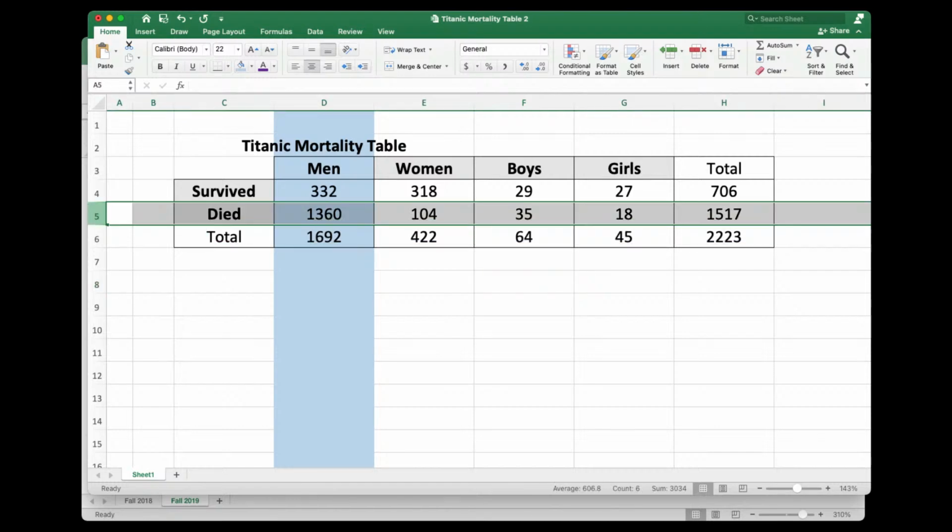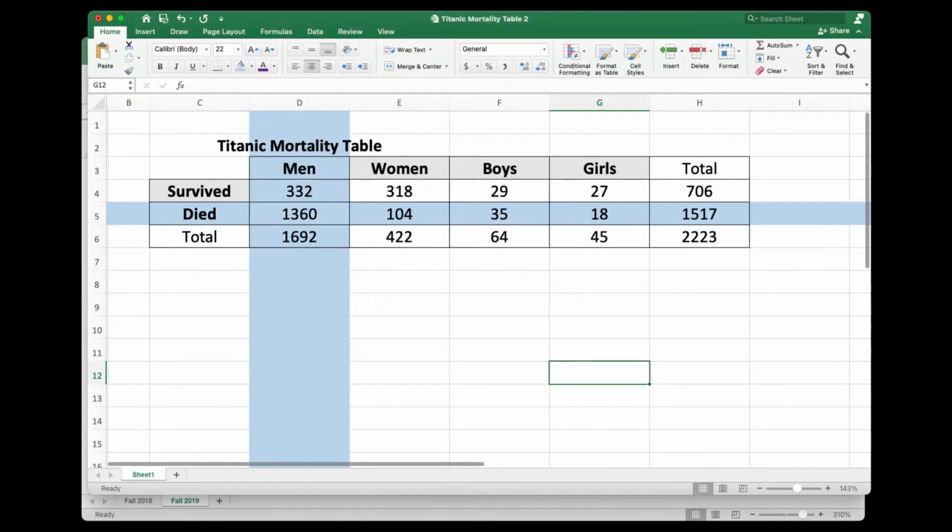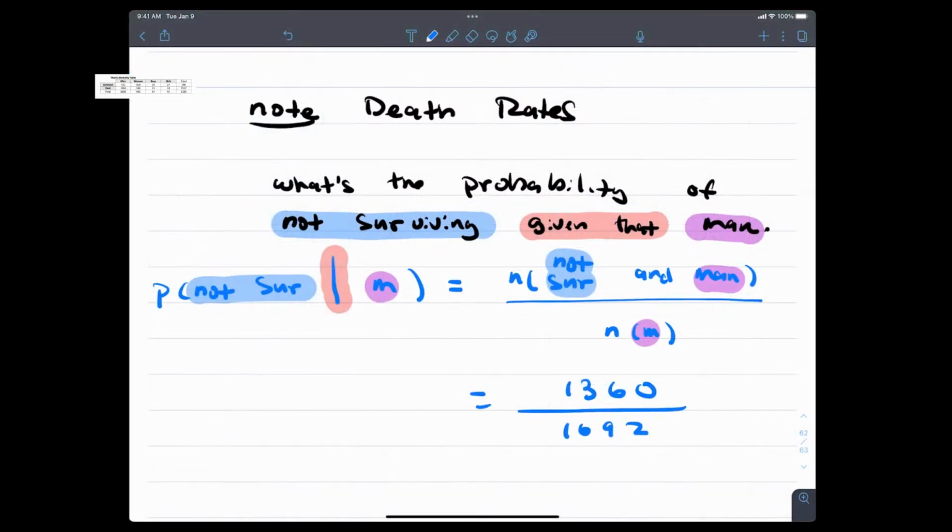Now what do I look for if these are death rates? I don't look for the number who survived. I look for the number who did not survive, and in this case, that's the number who died. How many men died on the Titanic? 1,360 men.